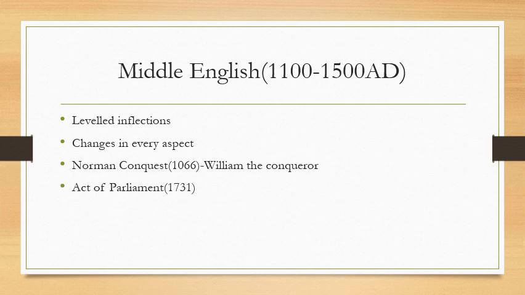Some words had been taken from the French language, and there was a mix-up. So that's why Middle English was coming into the picture. So this is how we got the features of Middle English.